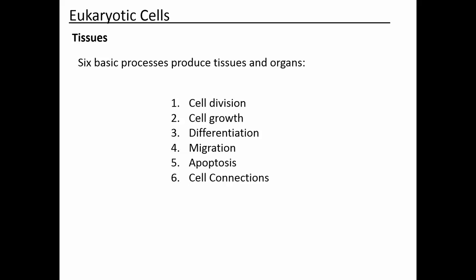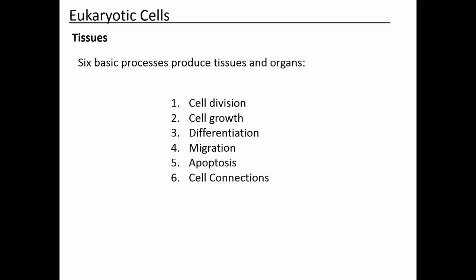So a cell splits from being one cell and forms 2 cells. And cell growth is simply when a cell enlarges. And the enlargement of organs and tissues are the result of these 2 processes. So when tissues and organs enlarge, it's the result of cell division and cell growth.